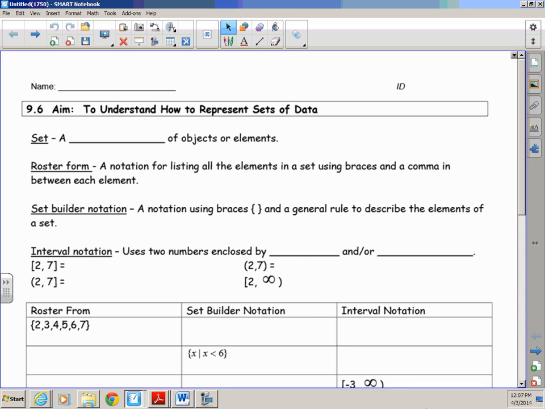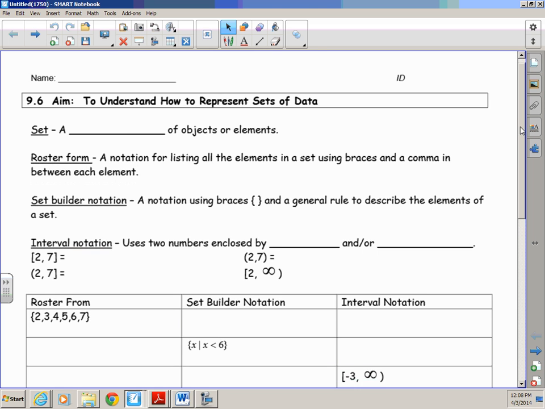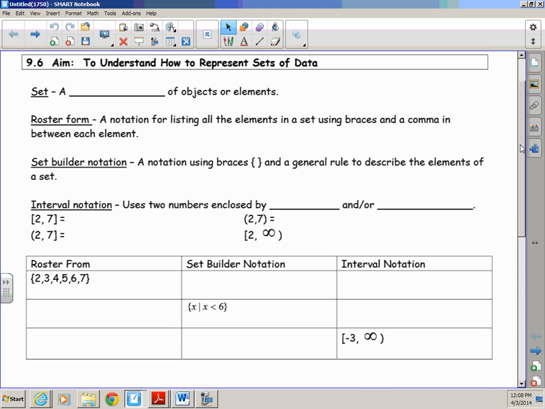So the topic we're going to cover today, which might seem a little out of place being in a probability unit, is how to understand how to represent sets of data. And there is some tie-in because, as we talked about, we can represent probability or our outcomes in set notation.